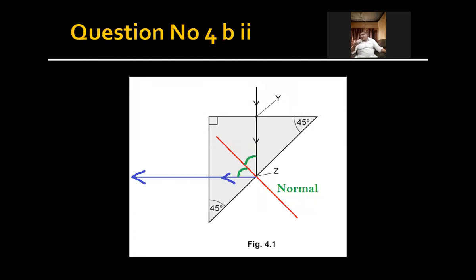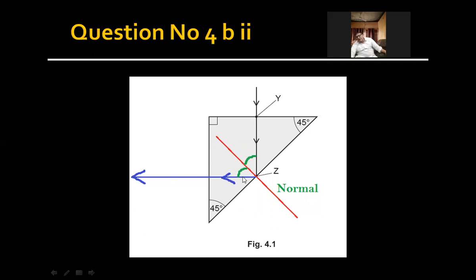So the light will not go out into the air, but total internal reflection will take place, and the light will be reflected from this point. If the angle of incidence is 45, with the help of a protractor mark 45 degrees and then draw this blue line. The angle of incidence and angle of reflection will both be 45.